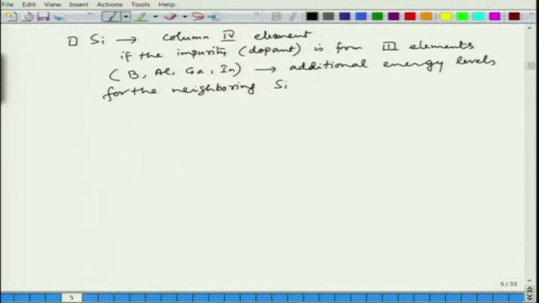Okay. So, basically in a lattice of silicon you are introducing, so there you can think of a sea of silicon where there are few impurity elements dispersed from each other. Whenever you have a lattice, the electrons are not bound to a particular lattice point or a particular nucleus.